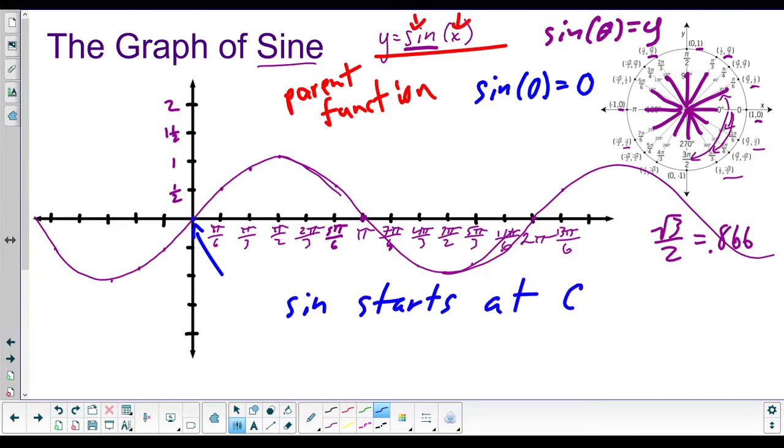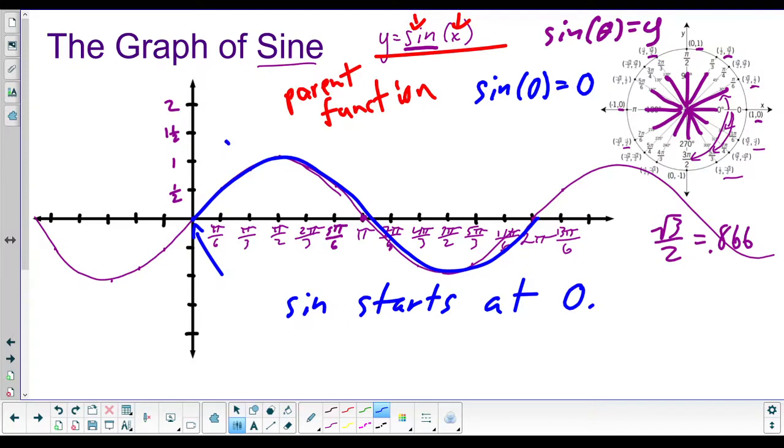The other thing you want to know is that because we are making this function based off our unit circle, and a full spin around the unit circle before it repeats is 2 pi, our graph will repeat every time we go 2 pi. So we'll go this whole thing, 2 pi.